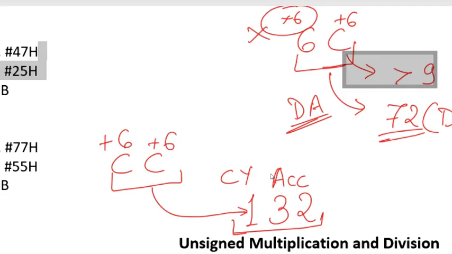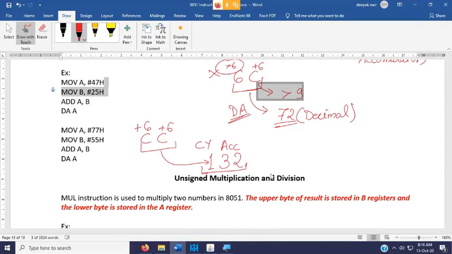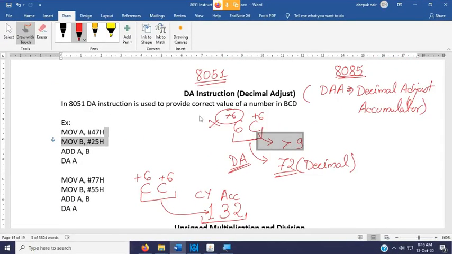So now the programmer can use this particular command to convert hexadecimal numbers to their equivalent decimal number by using the DA instruction. This is one of the good features of any microcontroller, that there will be a command which will automatically convert the hexadecimal numbers to their equivalent decimal number, and you can use them to understand what is the actual number in real life.